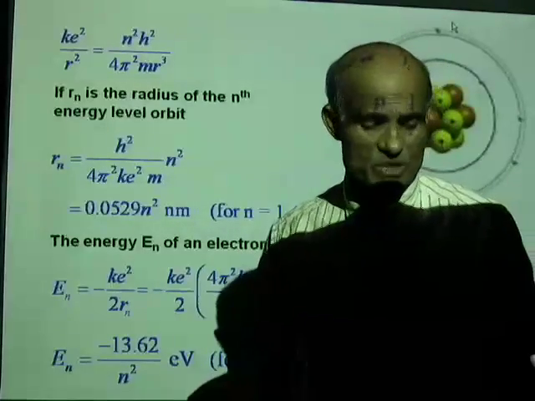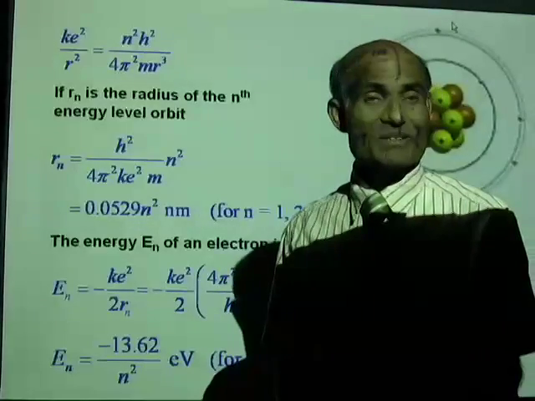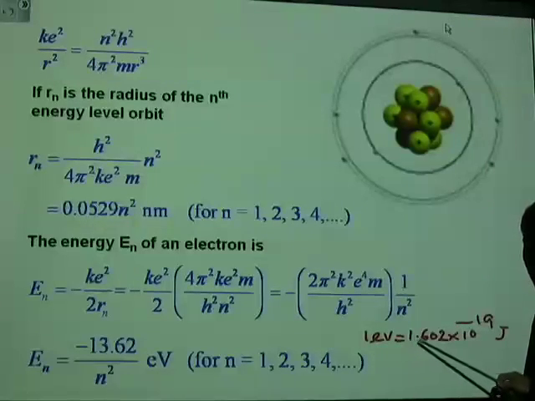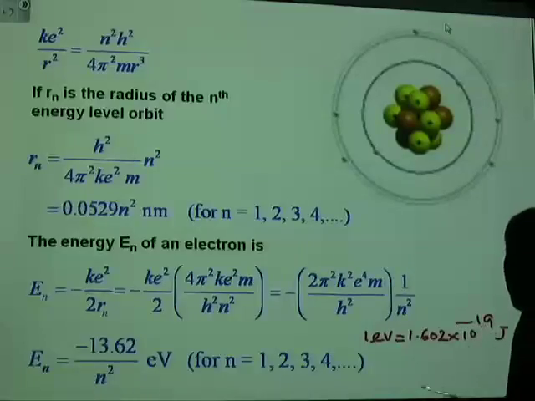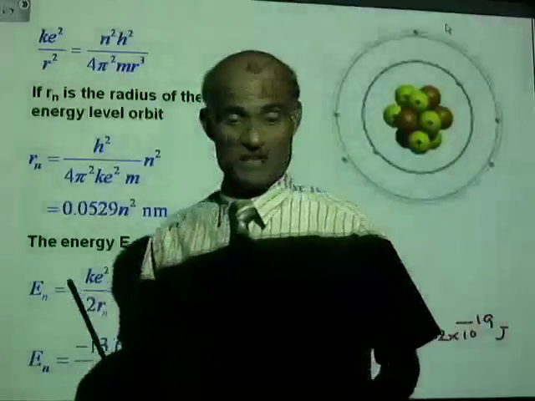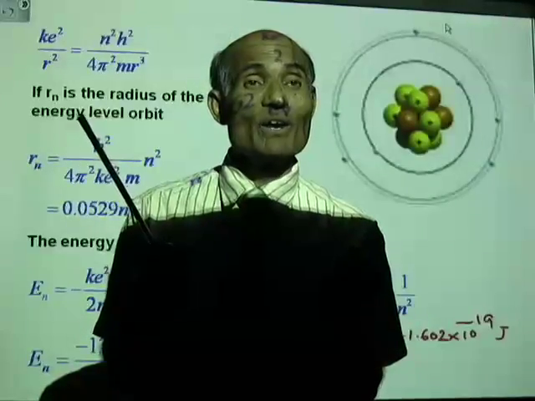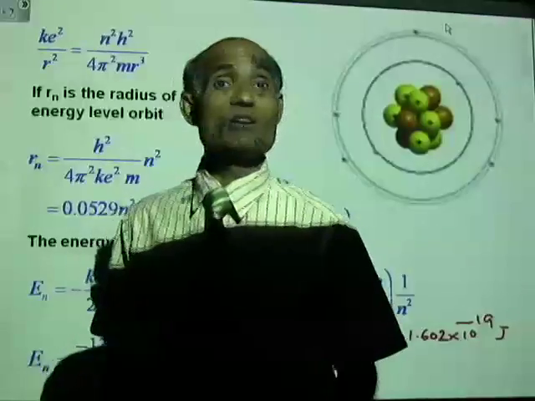And what is the relation between a joule and an electron volt? Does anybody know? Well, 1 electron volt is 1.602 times 10 to the negative 19 joules.